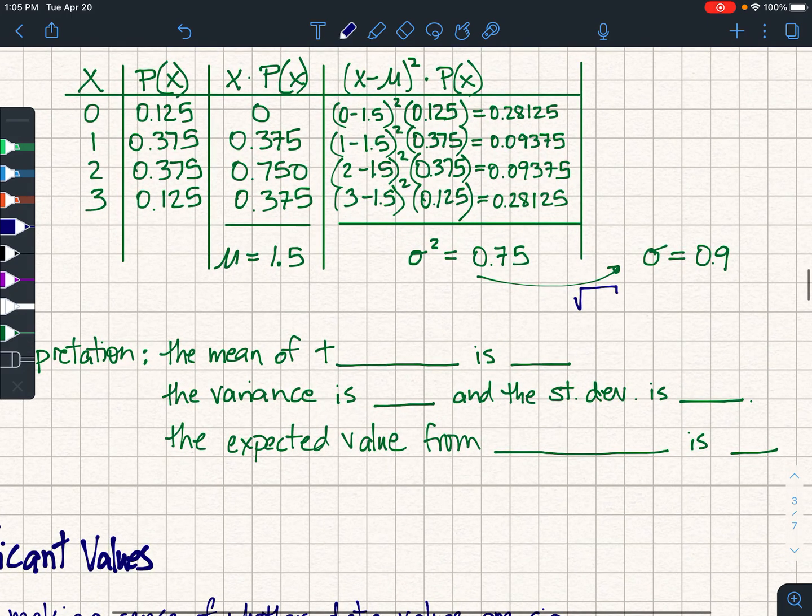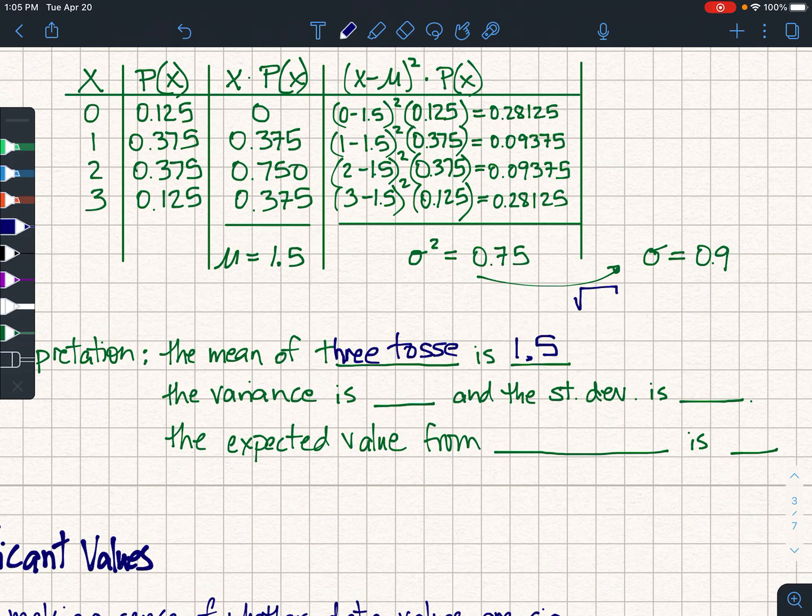So summarizing, interpreting, the mean of 3 coin tosses is 1.5. Sorry, not the mean of 3 tails, the mean of 3 tosses is 1.5.